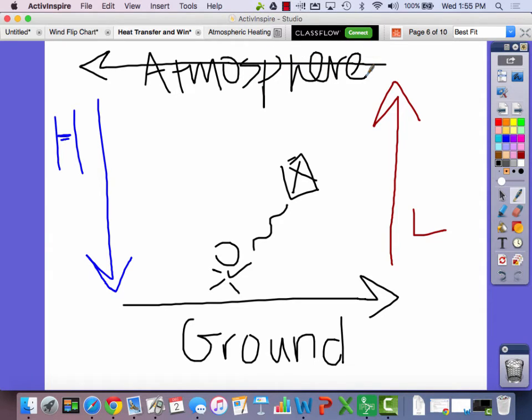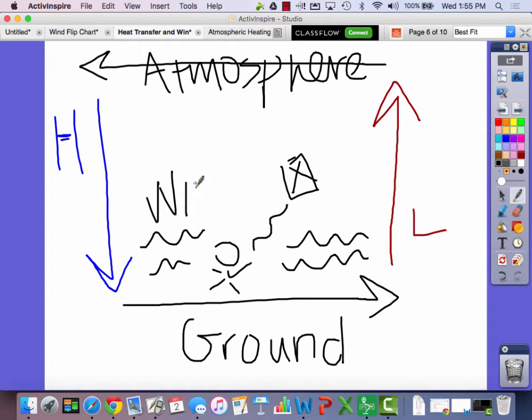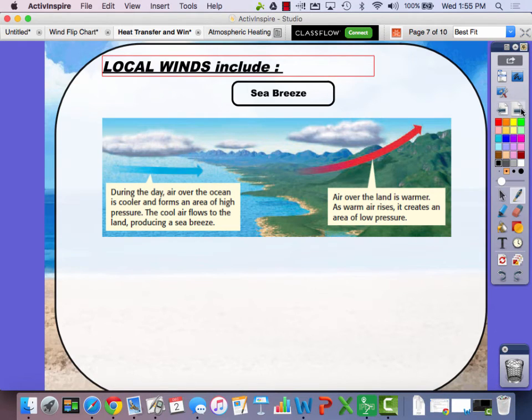Well, what you're gonna feel is this air moving from high pressure to low pressure. We call that wind. Okay, so those are winds that are occurring all around the world. A lot of that includes global winds as well.